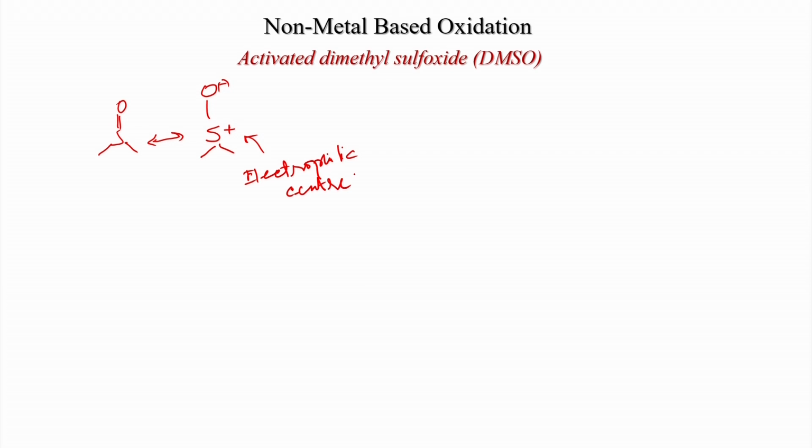So, this is the electrophilic center, and that is why scientists thought that alcohol can react at this electrophilic center, but for that, since O minus is a leaving group, this group has to be modified, and that is why they reacted this one first with an electrophile, which gives you this S plus X, where X will actually be a leaving group.